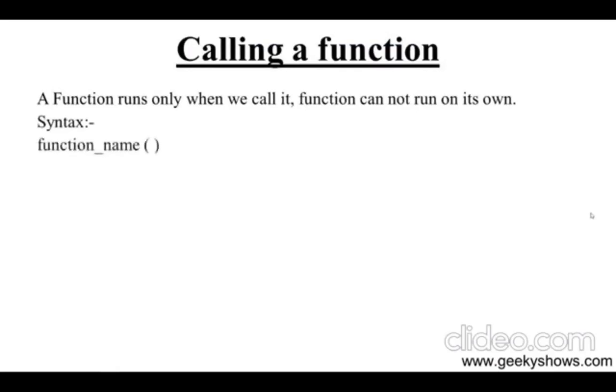So how to call a function? A function runs only when it is called. It cannot run on its own. We have to make a call to the function whenever it is required. Syntax: function name.